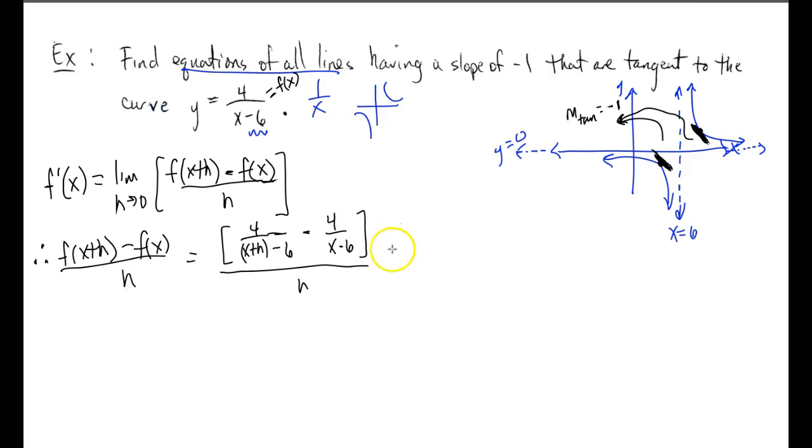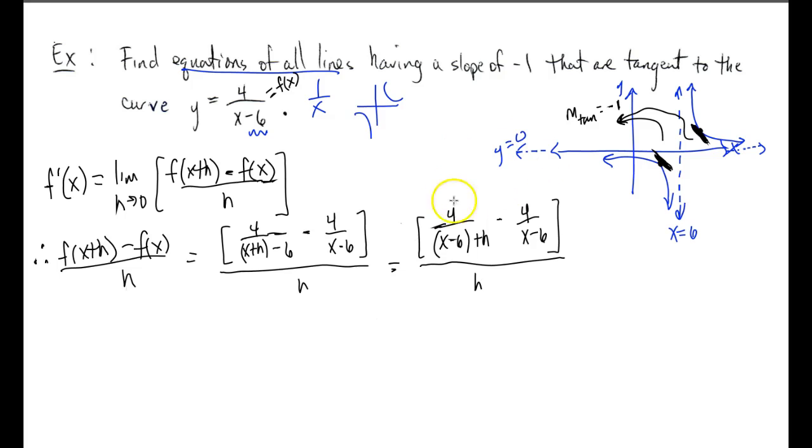Now, algebraically speaking, we need to work on this to make it look the way we want. To make this easier to deal with, I'm going to do this, and all that will be divided by h. Here we see that our LCD will be x minus 6 plus h times x minus 6.